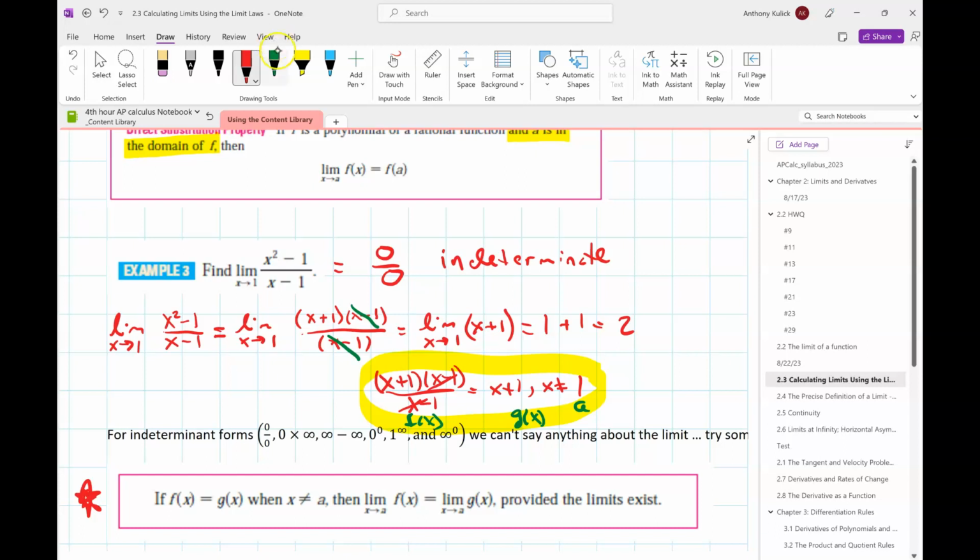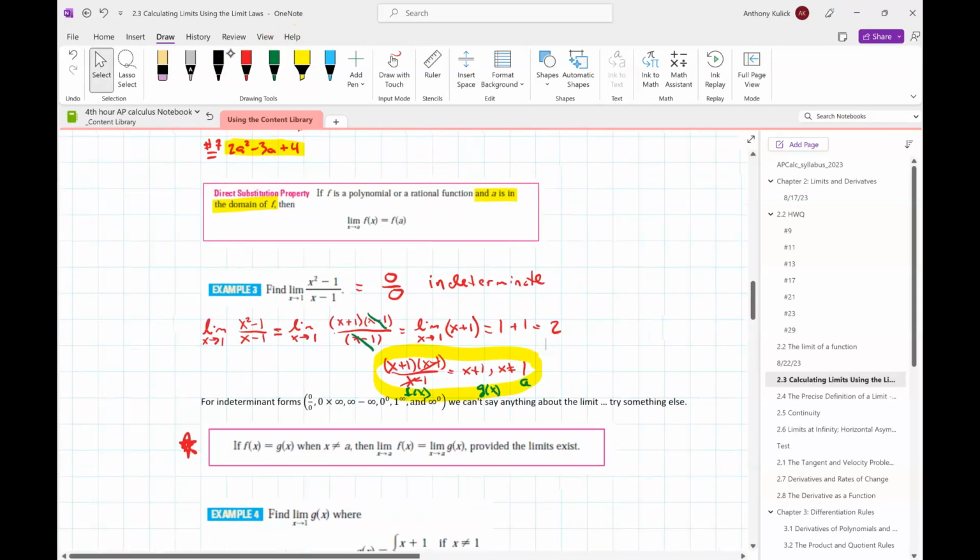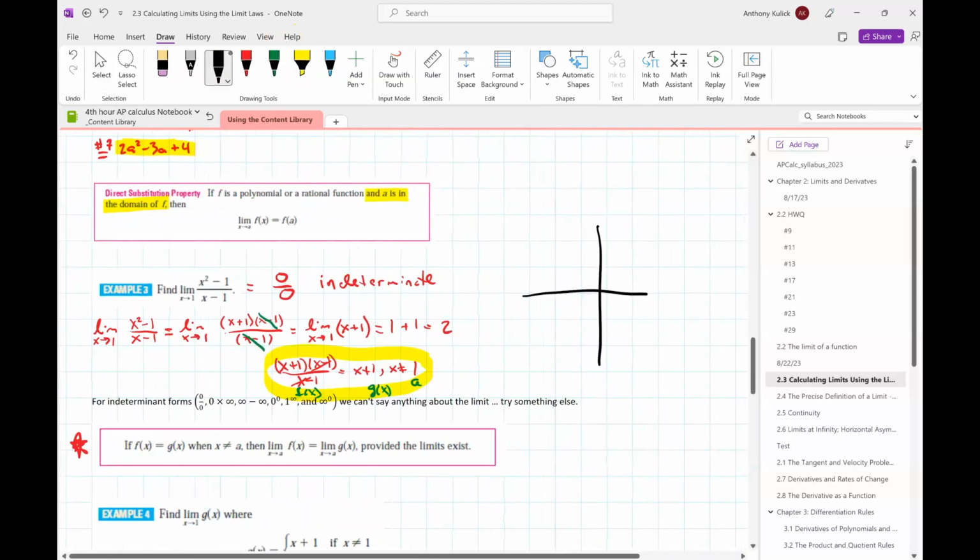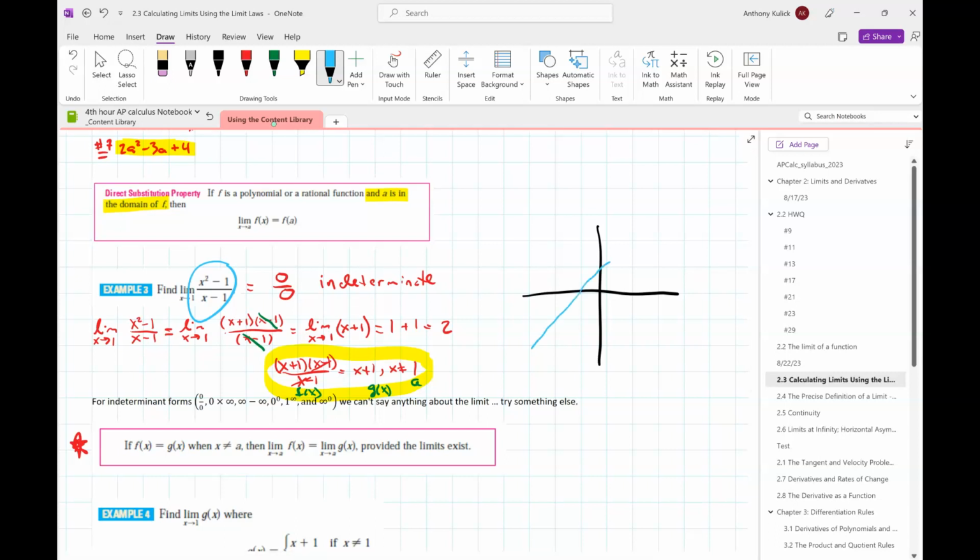So if I look at the graph of this, it looks like this, right?